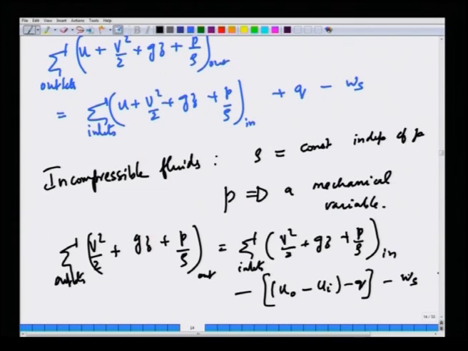So, this is valid for incompressible fluids.